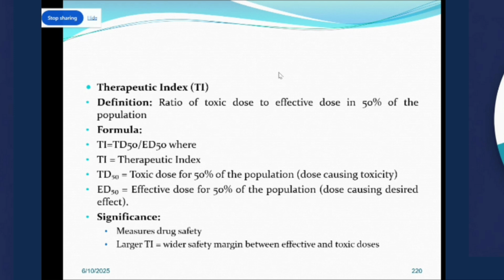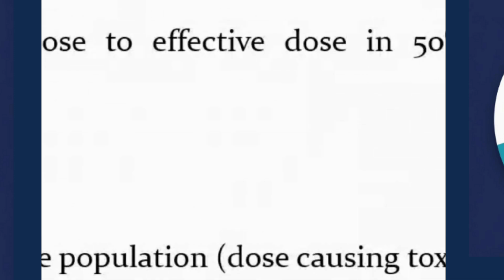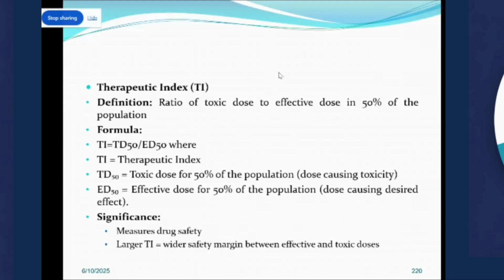So the formula for therapeutic index is the toxic dose for 50% of the population over the effective dose for 50% of the population. In other words, what kind of dose can cause adverse effects in 50% of the population, and what kind of dose can give us the desired effects in 50% of the population? When we get that ratio, it forms the therapeutic index. Now, why not use 100% of the population?